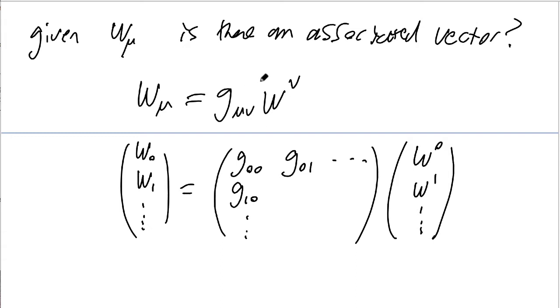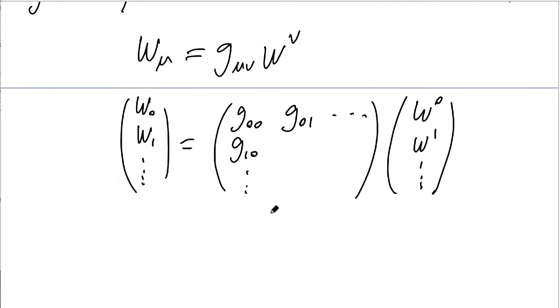All right, so if you work out the sum over nu and write out each of these terms for W sub 0, W sub 1, W2, and so forth, you'll find exactly the same thing as you obtained by this linear algebra operation. So we just need to multiply through by the inverse of this matrix.